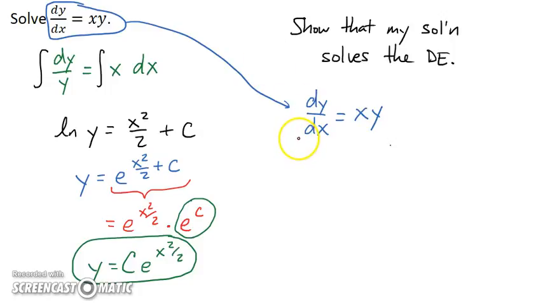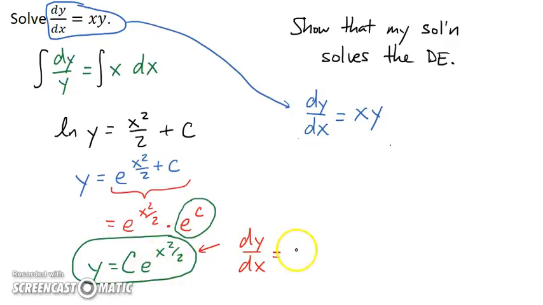Okay. So suppose I were to use my answer for y and figure out what dy dx was based on my answer. In other words, I'm just going to take my answer and take its derivative. Well, I've got a constant times e to the something.